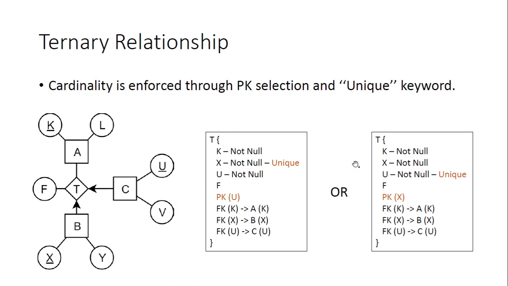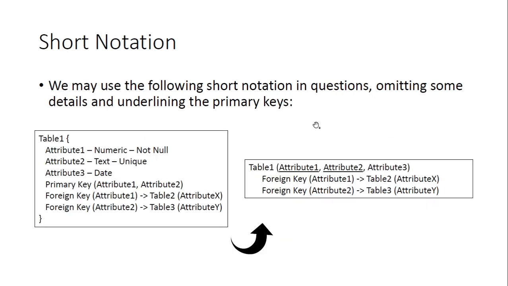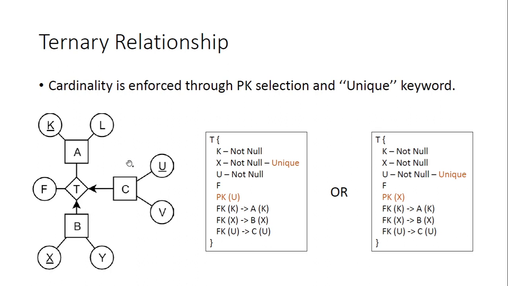So we have two equivalent alternatives where you assign one side as unique and for the other one you make it the primary key. And if this was also containing an arrow, then you are going to choose one attribute as the primary key, and for the other remaining two foreign keys you are going to say unique, for example.